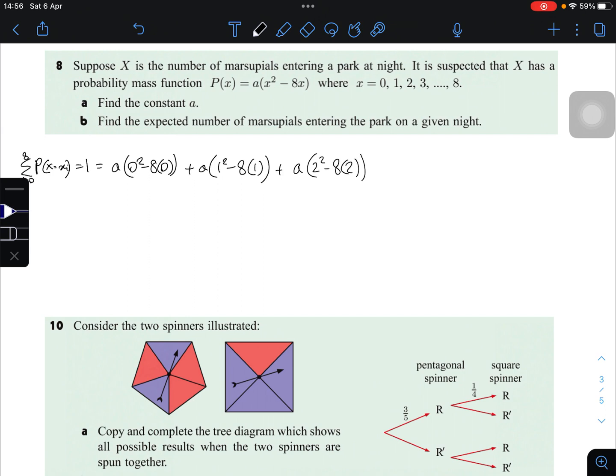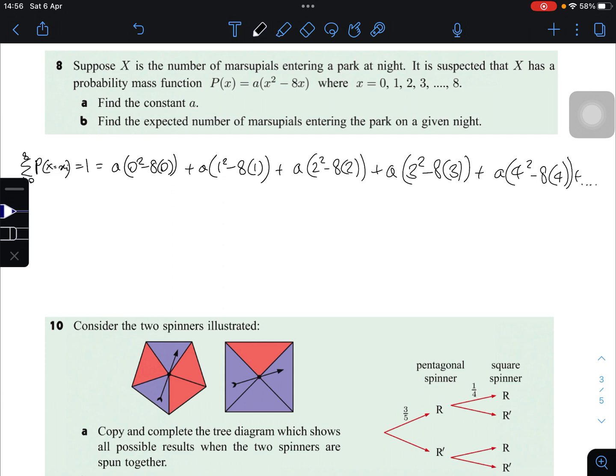You can see that as the square number is going to get bigger, you're starting to get positive values. So plus a lots of 3 squared minus 8 times 3. Plus a lots of 4 squared minus 8 times 4. All the way up to 8. And then you can just grab your calculator and then just start inputting the values going up from 4 to 8.